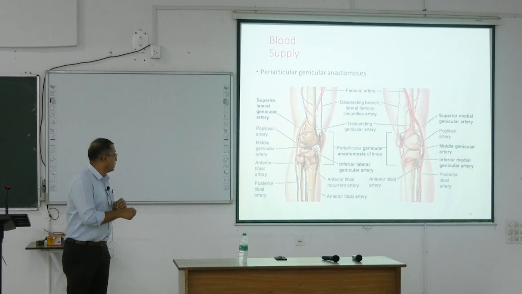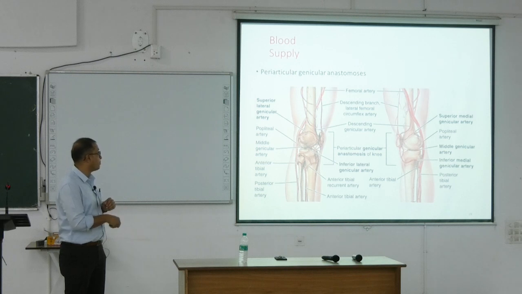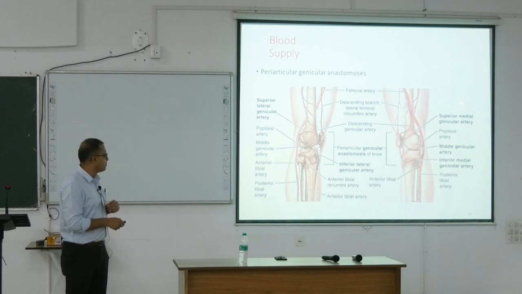Now, you see this artery going down, the femoral artery, and going down here, the popliteal artery. There are a couple of branches coming from the femoral artery. We call them the descending branch, which comes from high up and goes down along the sides. The descending branch gives branches in front of the knee joint, which we call the superior lateral genicular artery and the superior medial genicular branches.